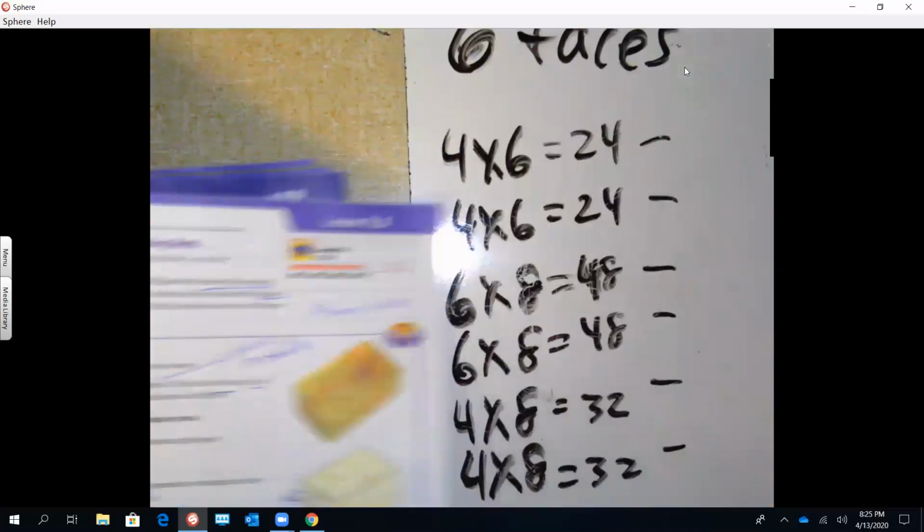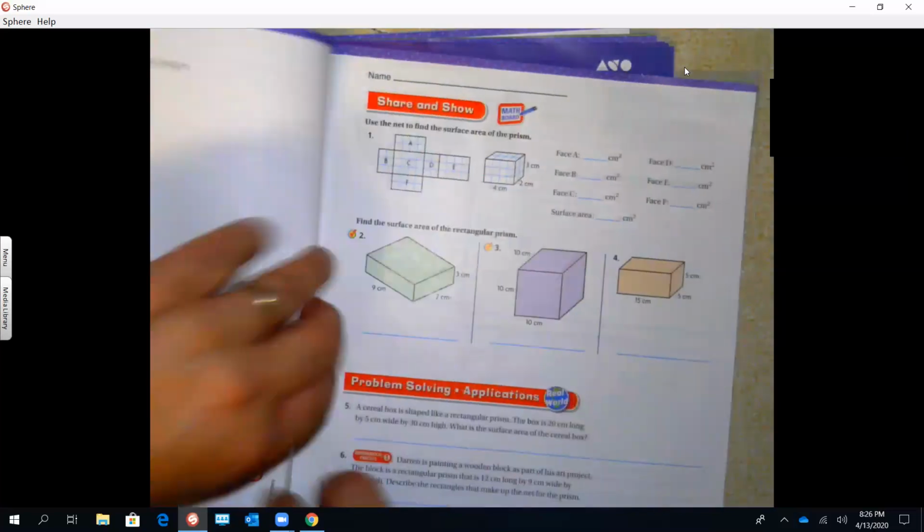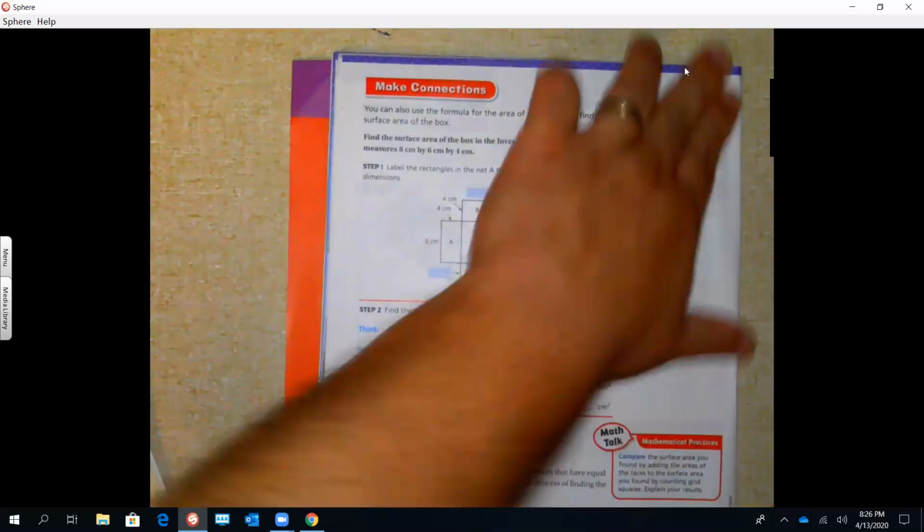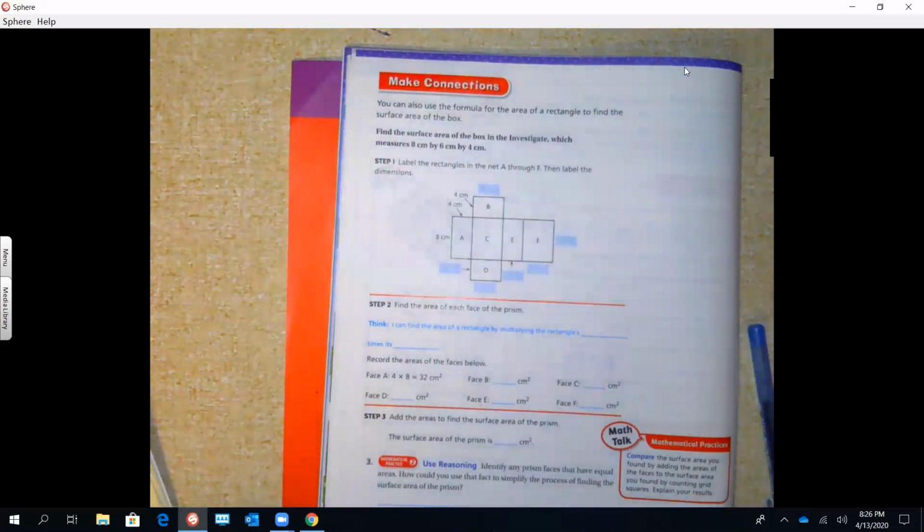Okay, let's go ahead and look at some examples. So this is if we had our box and we just open it up, make a net. So you should visualize opening this, folding it.